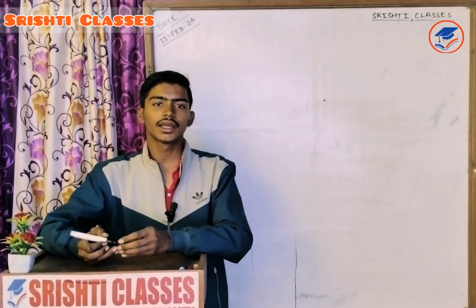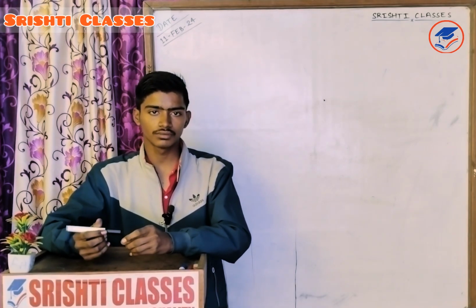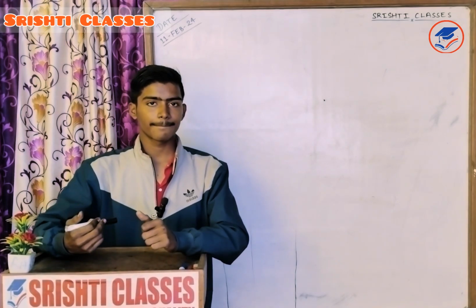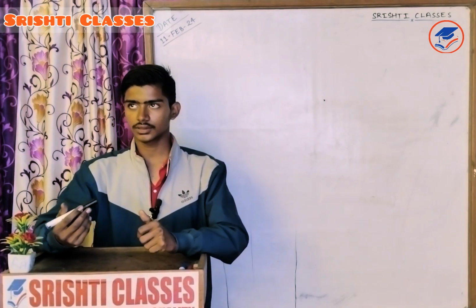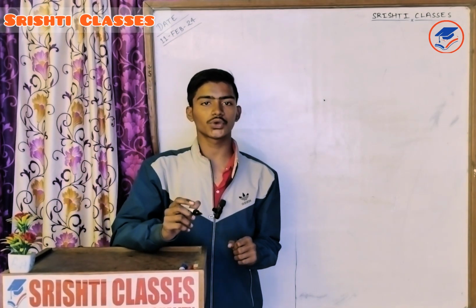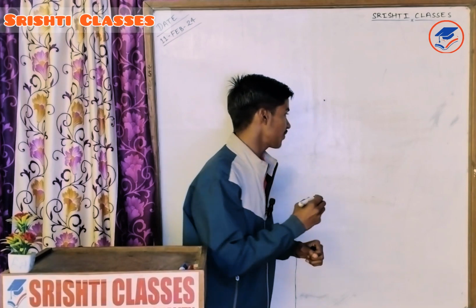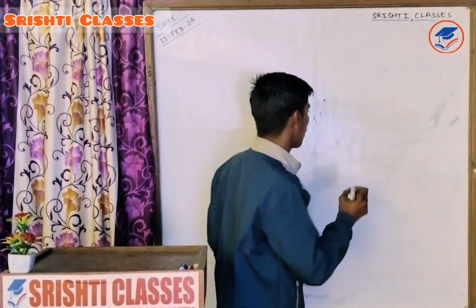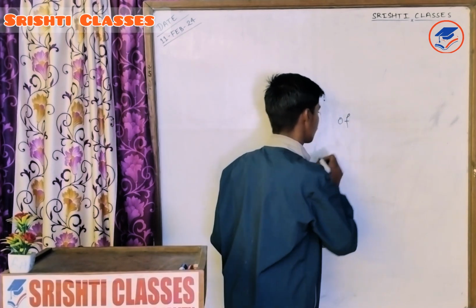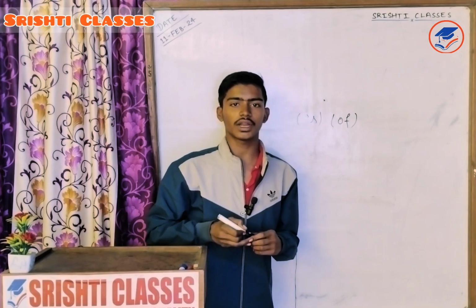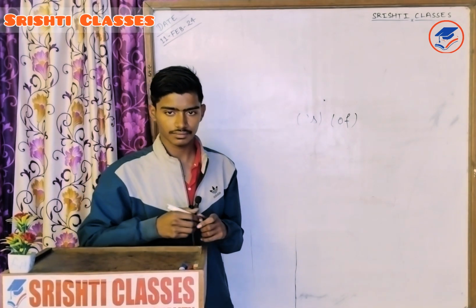Possessive case tells the relation of noun and pronoun with another word. It shows possession. If we want to show the possession, we use apostrophe s, and we can also use of. They both show the relation of noun and pronoun like a possession.